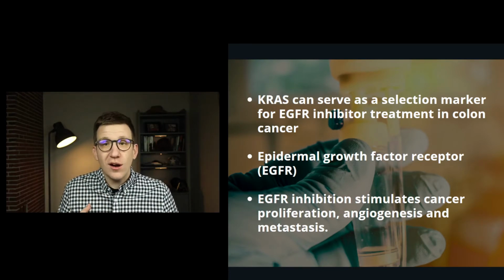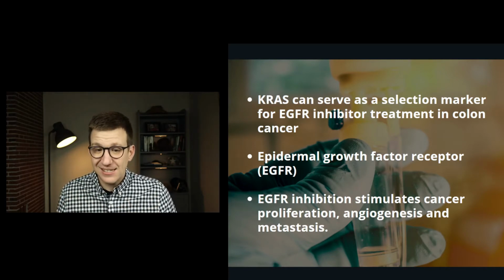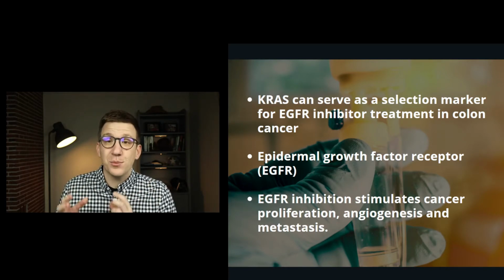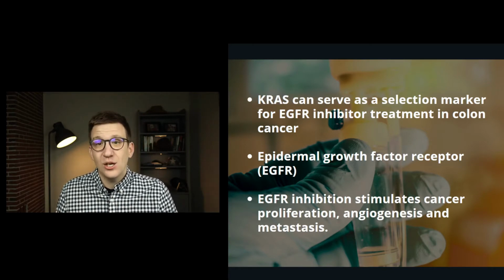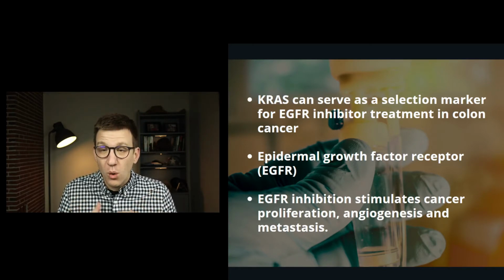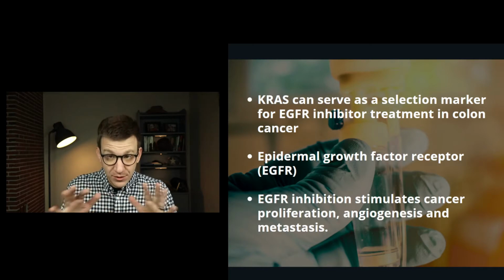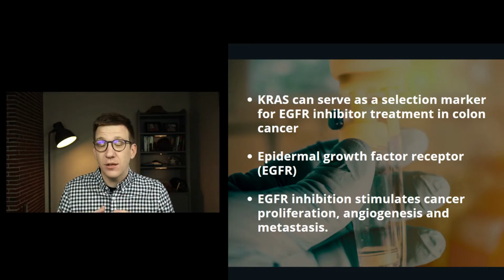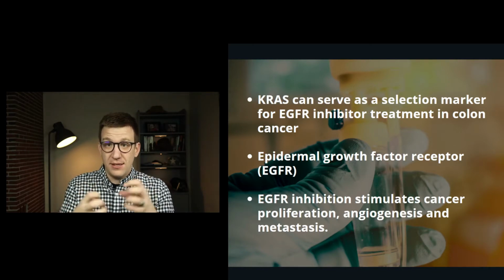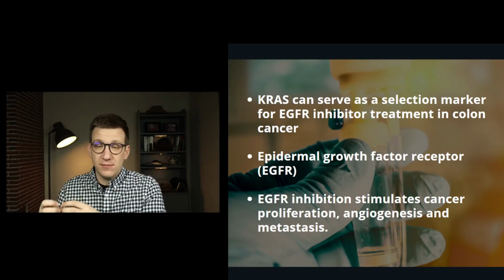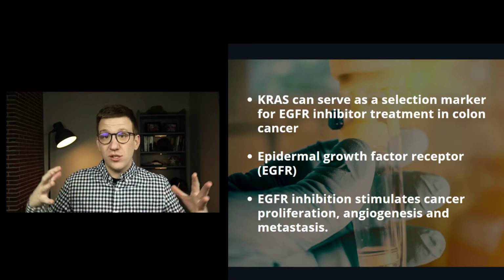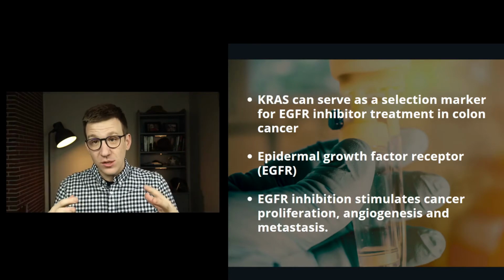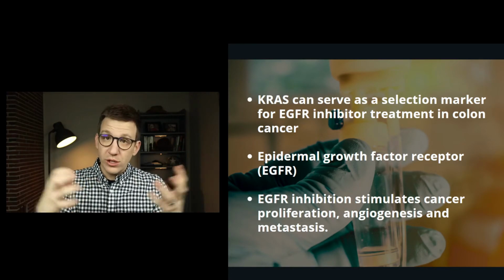So when EGFR is left to its own devices, it stimulates cancer proliferation, angiogenesis, and metastases. It promotes the proliferation of cancer cells, meaning the doubling effect of cancer cells. It also promotes angiogenesis, which is the development of blood vessels near a tumor to bring resources to the tumor.